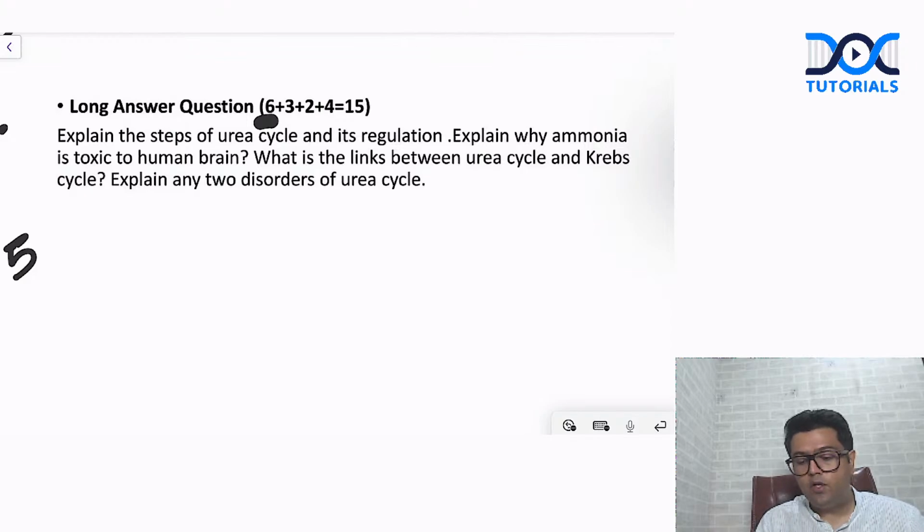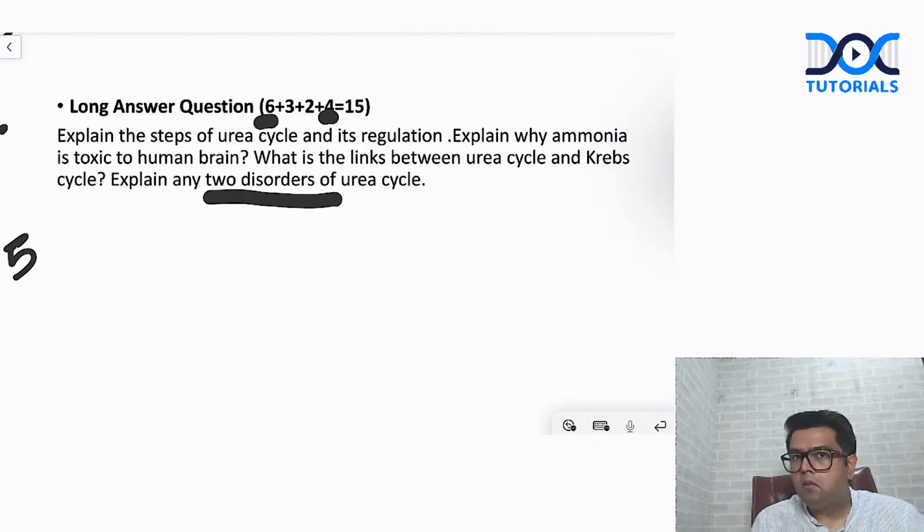Explain any 2 disorders of urea cycle, 4 marks. So guys, in this case, if you don't know the explanation, this is a question which will give you a good amount of marks. Because it is a 4-mark question and you just have to mention the names of the disorders and the name of the enzyme deficient.